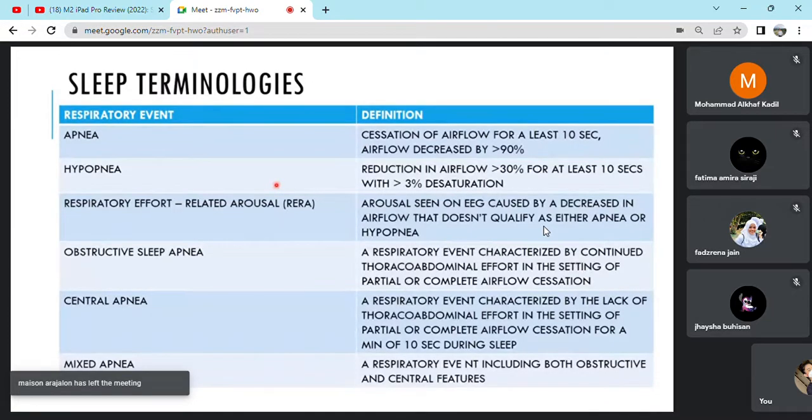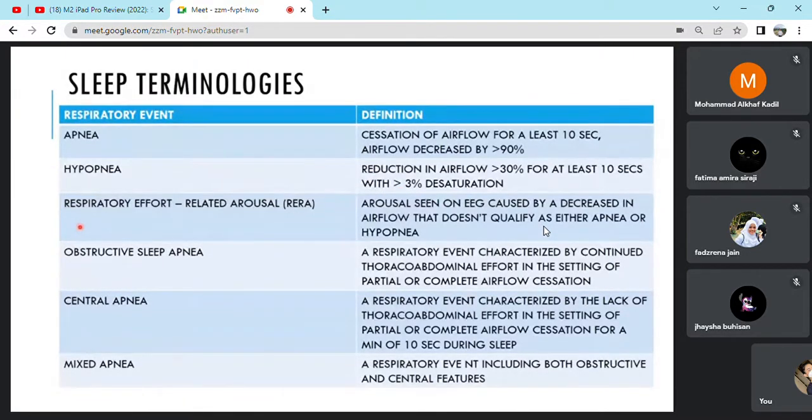Kaya nga hypopnea ang tawag dyan. So you expect that there is reduction in airflow. However, it will also last for at least 10 seconds or more. And then you expect that there is desaturation already that you see in your patients. So with more than 3% desaturation from the normal oxygen saturation that you see, no? With patient not suffering from hypopnea.